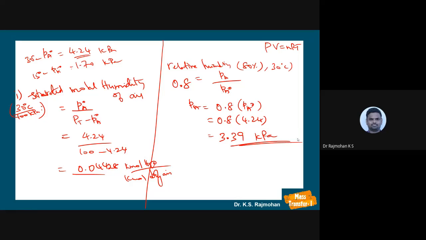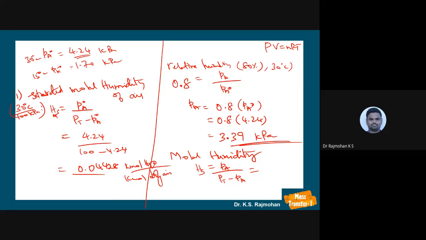Next, what is molar humidity? Molar humidity is partial pressure by P total minus Pa. The saturated one is HS, the saturated molar humidity, which is Pa naught by Pt minus Pa naught.